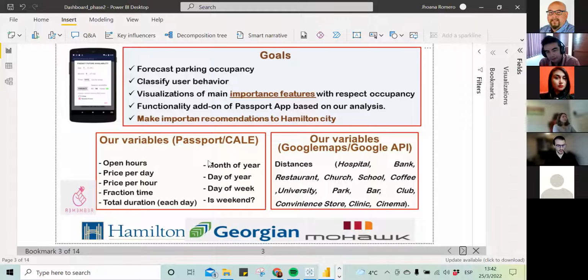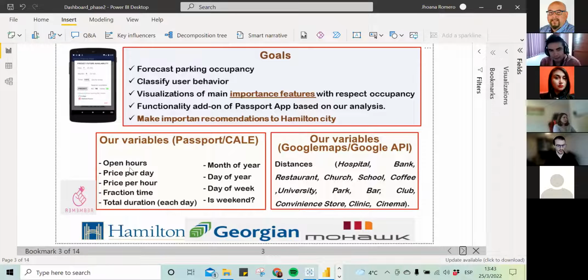In this application, if I go to a specific place, this add-on will display the top closest parking lots with their respective availability. So that's a main goal.